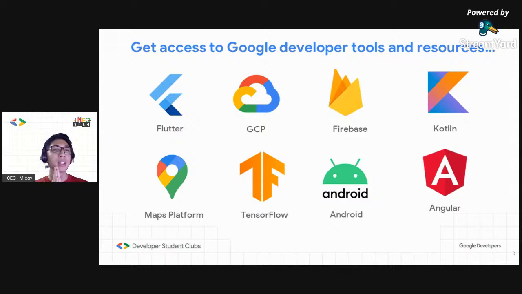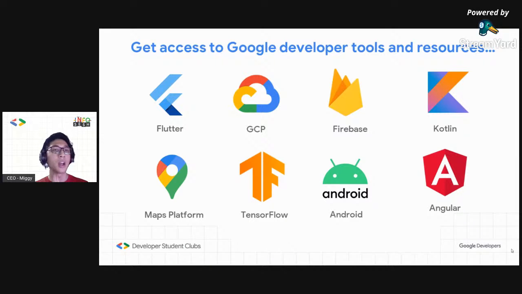And for the next one, of course, since we are supported also by Google developers themselves, we would also try to give you access to various Google developer tools and resources to really help you jumpstart your learning and at the same time your skills in terms of developing.